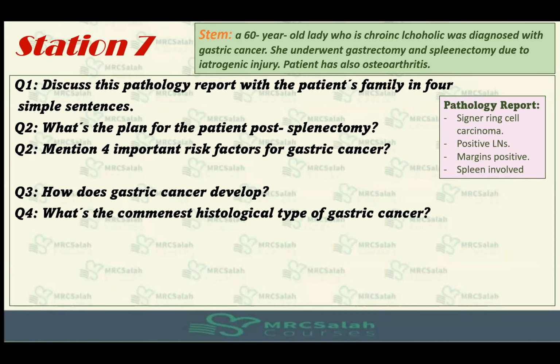Okay, so what is the commonest histological type of gastric cancer? Adenocarcinoma. Okay, do you know any other gastric cancers? Yes, there is gastrointestinal stromal tumor. Yes. Hereditary diffuse gastric carcinoma. Yes. And sarcoma, leiomyosarcoma.